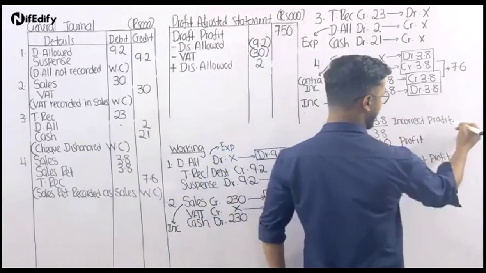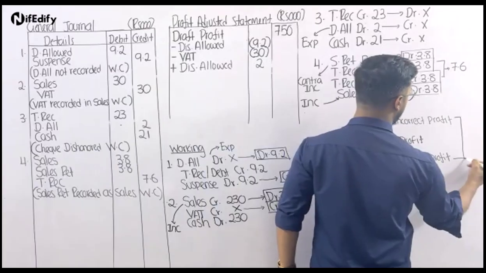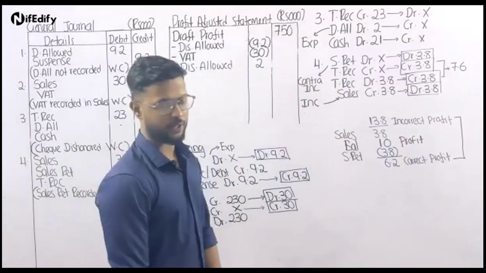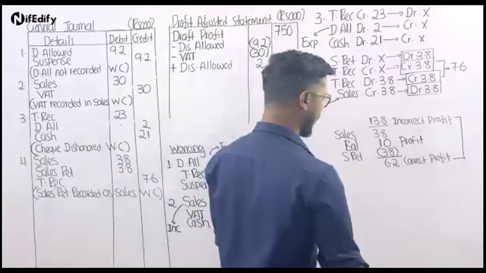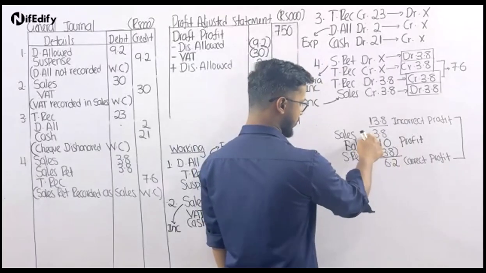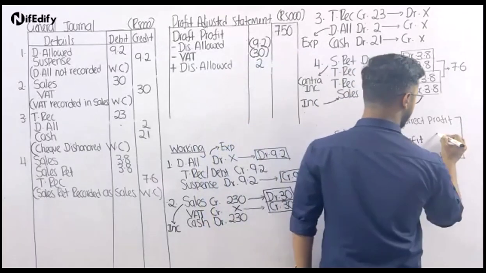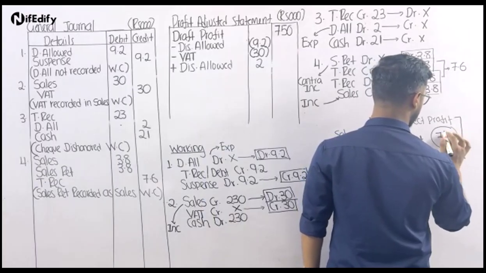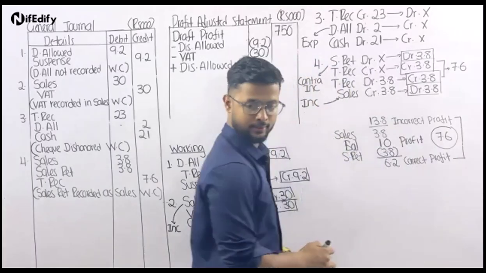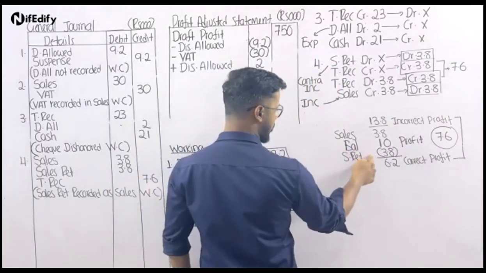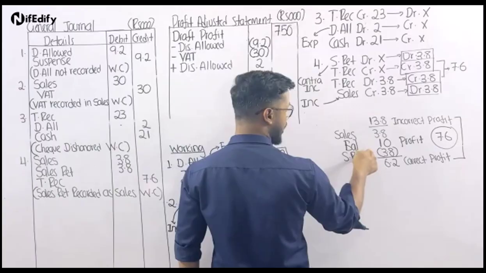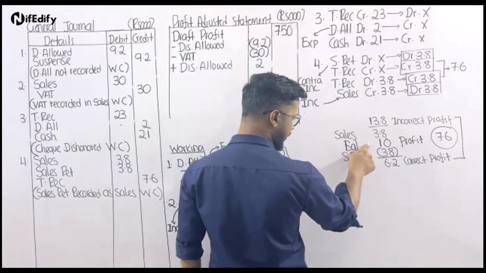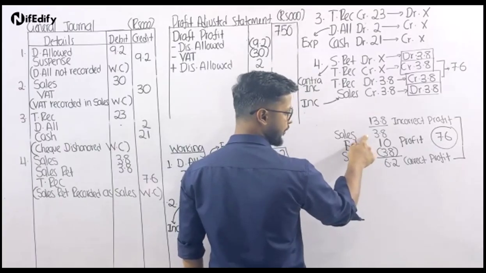Let me show it to you. Look at the difference between the incorrect profit and the correct profit. Is it 3.8? No, it's 3.8 and 3.8. It's 7.6. Why? 3.8 should be deducted, you didn't. Instead of deducting, you added.